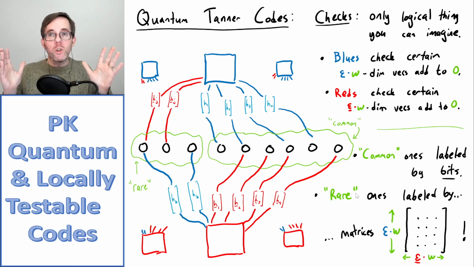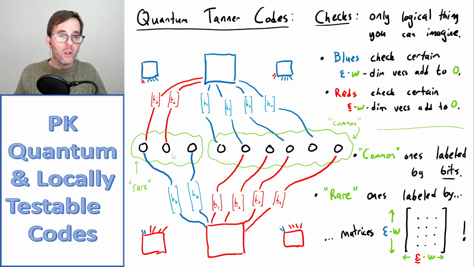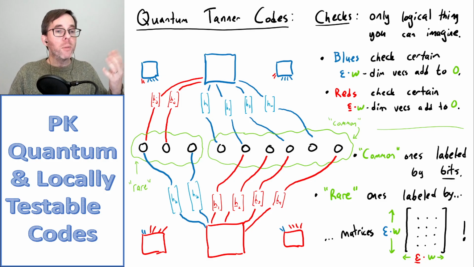I still have not told you, by the way, how the incidences work, and this is also very important: how do you choose what sites down here, or vertices down here, each check is connected to. But once I tell you that, and once the little blue code and the little red code defined by H and H underlined are also specified, that specifies the quantum LDPC code.